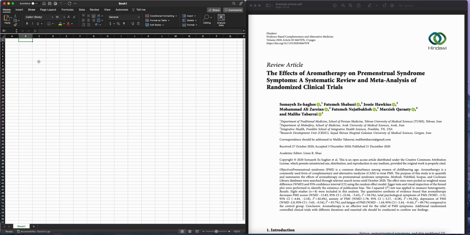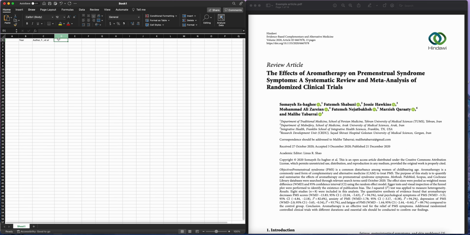I'll have you start with the year of the article, the author's last name and first initial, et al., if there's a lot of authors, which usually there will be. And you can adjust the size as necessary. And then the title of the article.